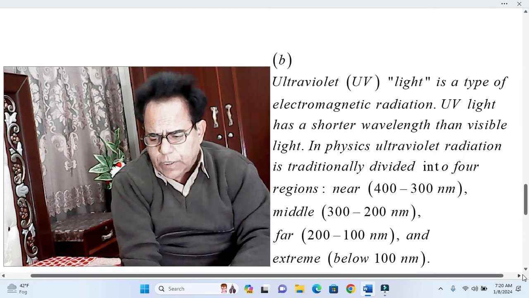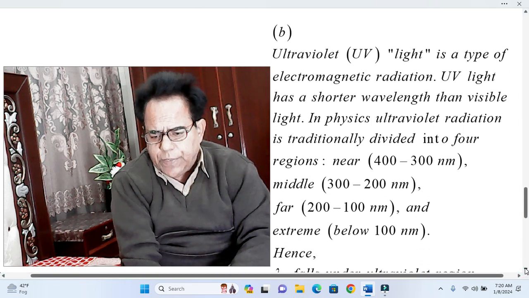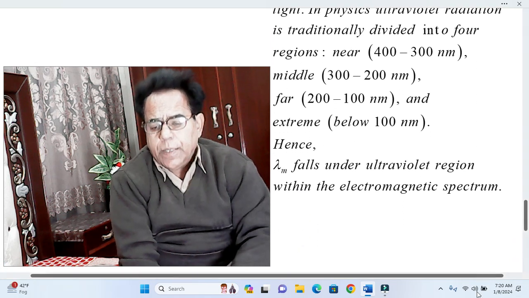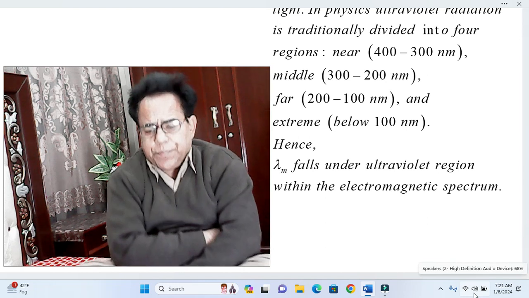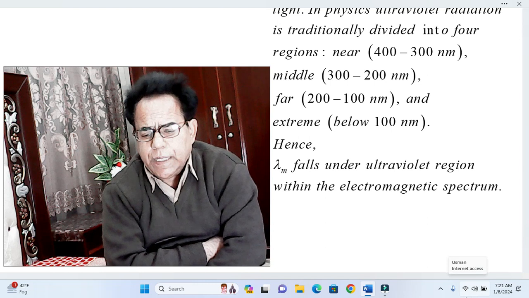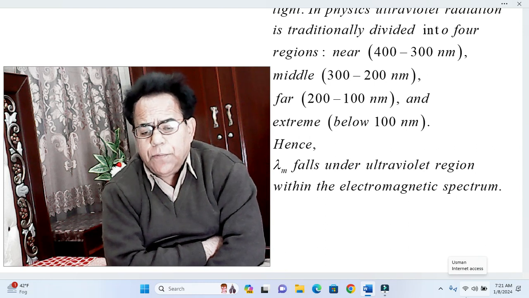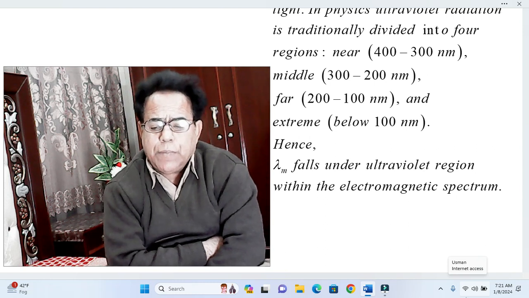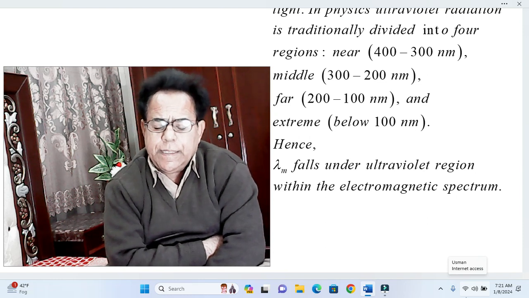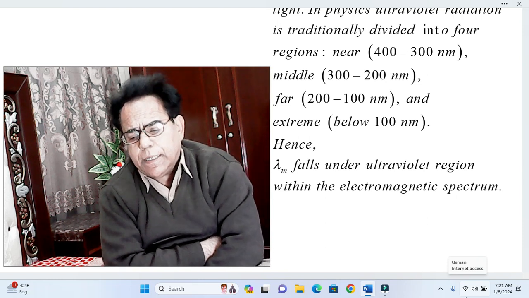First is the near region, from 400 to 300 nanometer. Then the middle region is from 300 to 200 nanometer, while the far region is from 200 to 100 nanometer, and the extreme region is below 100 nanometer.